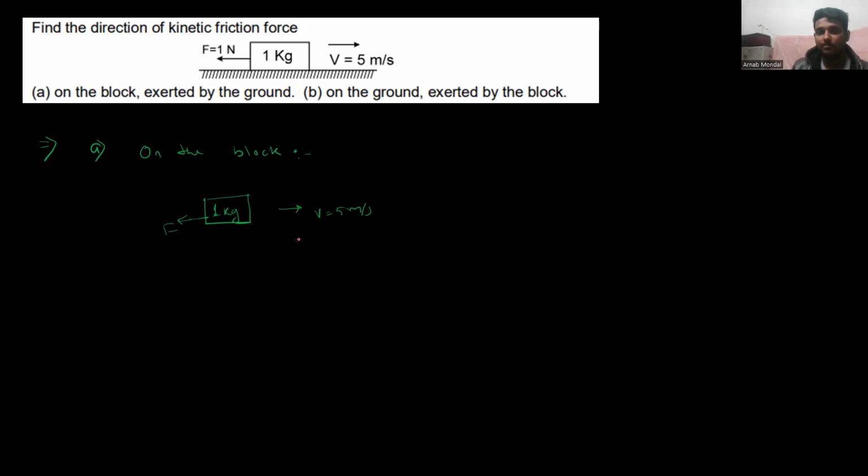In the right direction, right? The motion is to the right. So obviously the direction of the kinetic friction on the block will be towards the left. Kinetic friction.